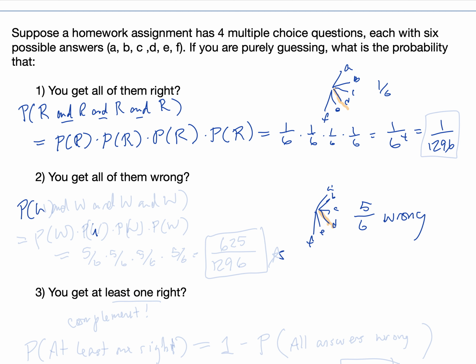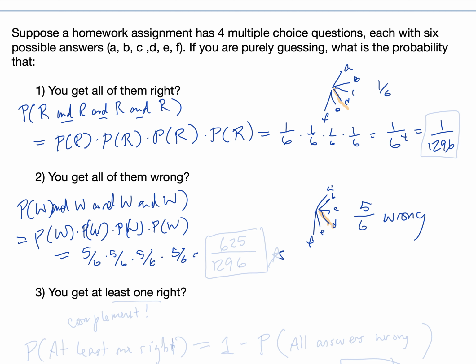This is the probability of W and W and W and W. The first one's wrong and the second one's wrong and the third one's wrong and the fourth one is wrong. So that's equal to the probability of W times the probability of W times the probability of W times the probability of W. Each one of those individually is 5/6. So 5/6 times 5/6 times 5/6 times 5/6.